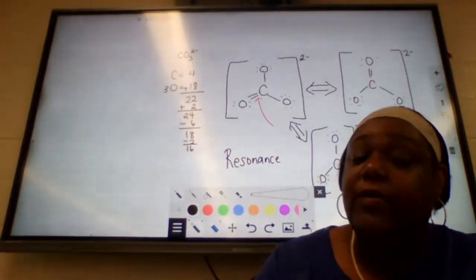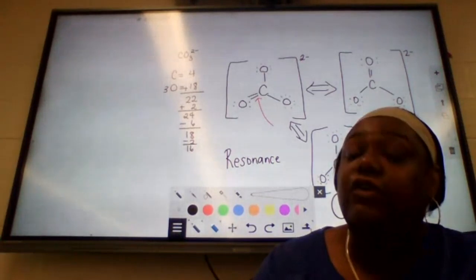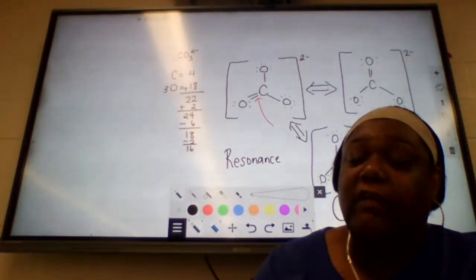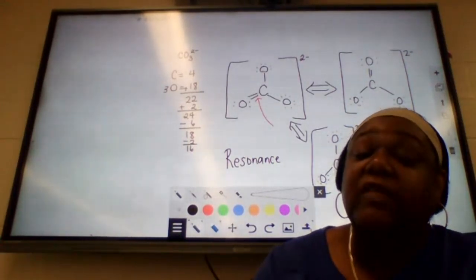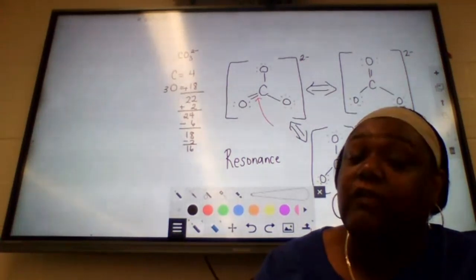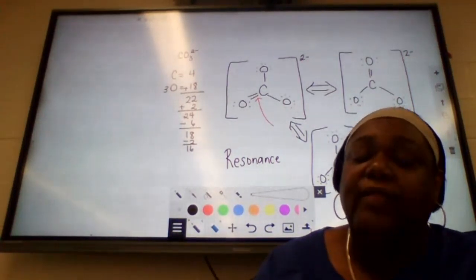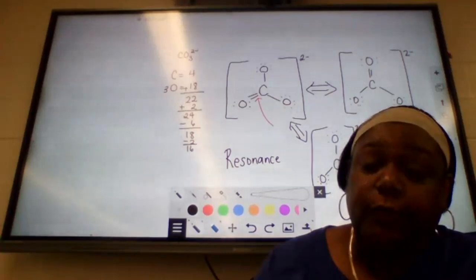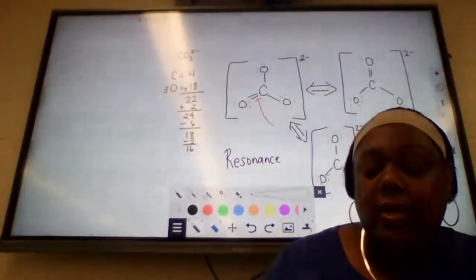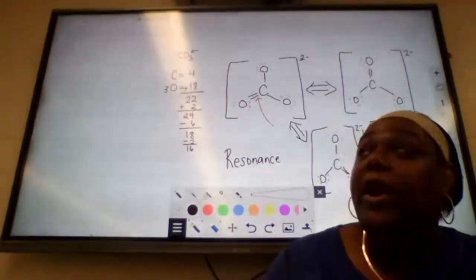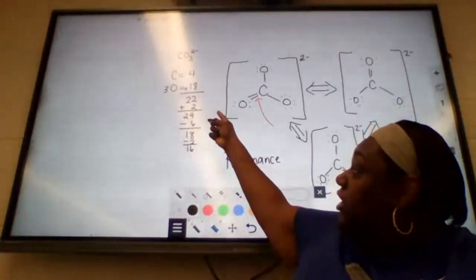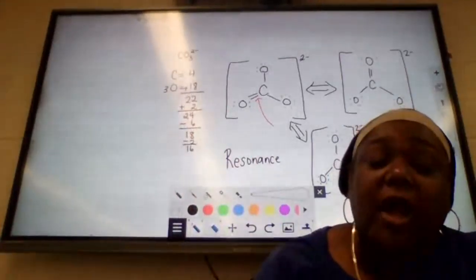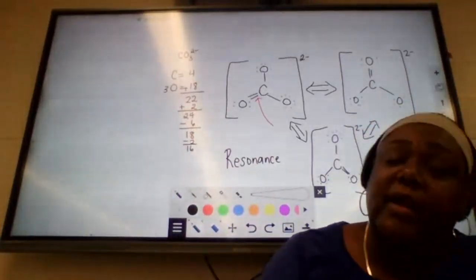Now, please remember though, all of your Lewis structures are not going to be as straightforward as the ones we've done, because there are also exceptions to your octet rule. And those exceptions, there are 3 of them. When you get your pool, you could end up with an odd number of electrons.